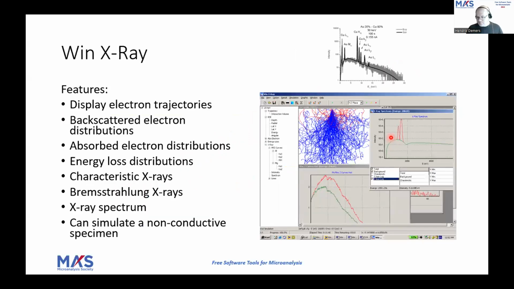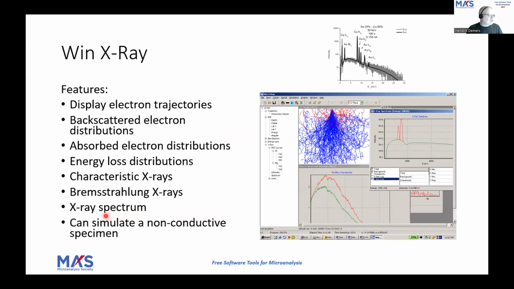Now, a quick overview of WinXRay that I developed with Professor Owen during my master thesis. It's an old program, but it's still working on Windows 10 and 11. I tested yesterday. The main difference between that program and the Casino program is we add the X-ray spectrum with the background.